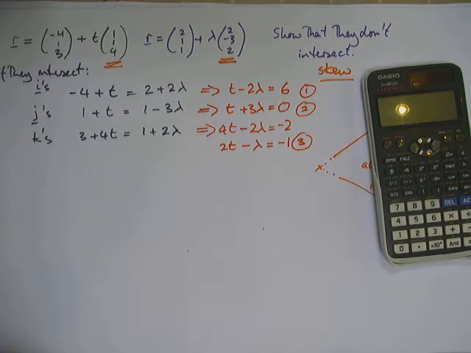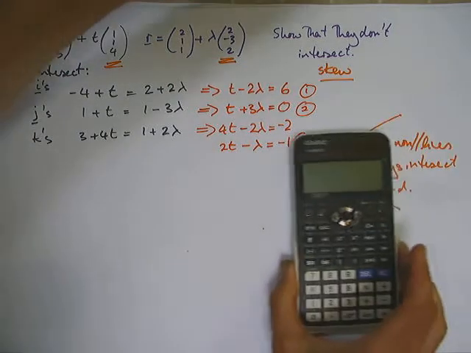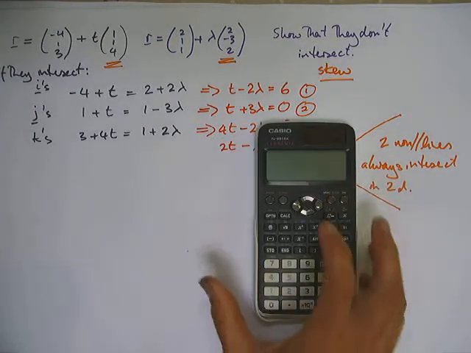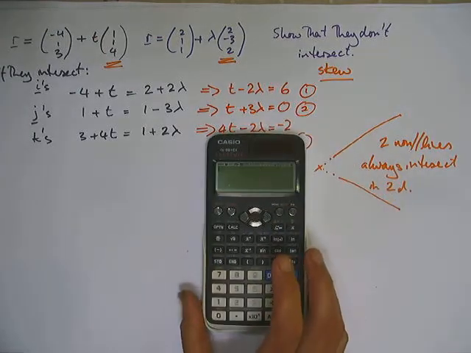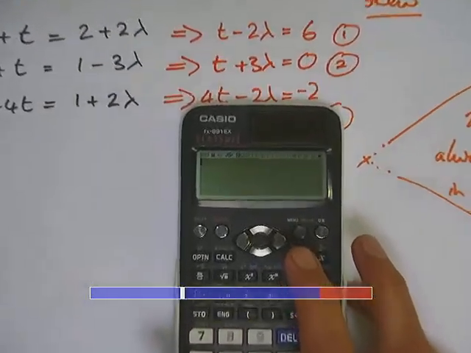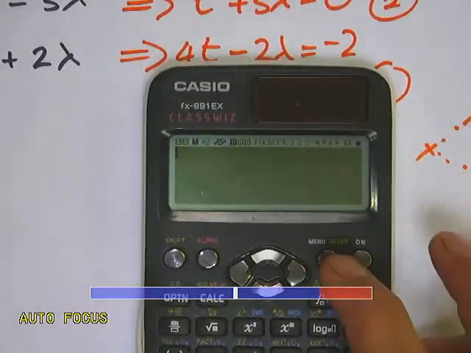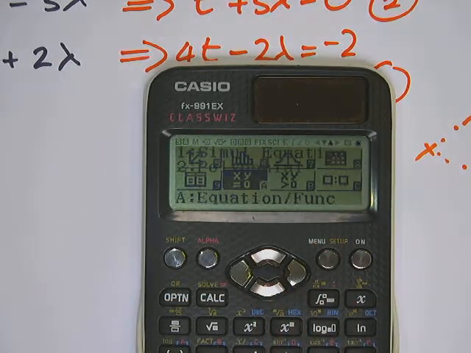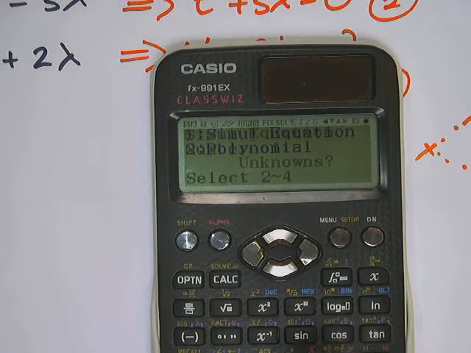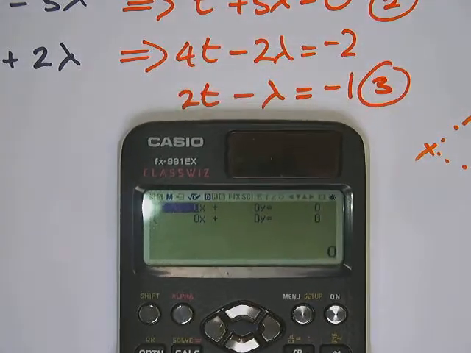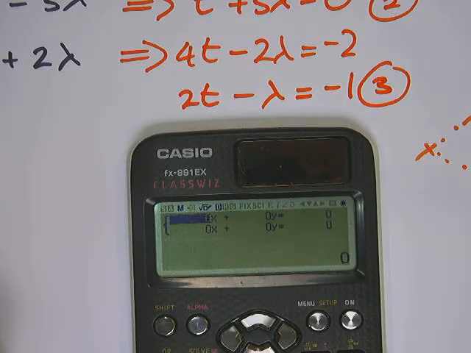remember at A level, we can simply use the calculator to solve simultaneous equations. So let's put it into the solve equations mode. Let's pick simultaneous equations in 2 unknowns, and let's pick solve 1 and 2.